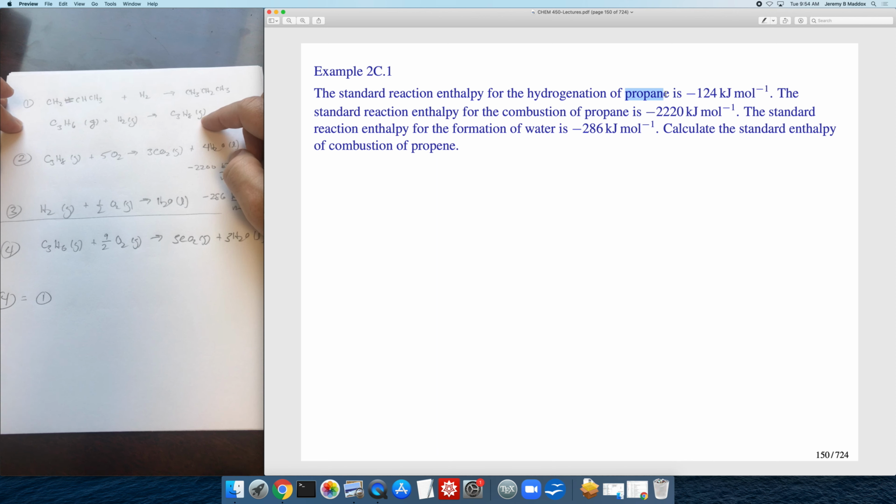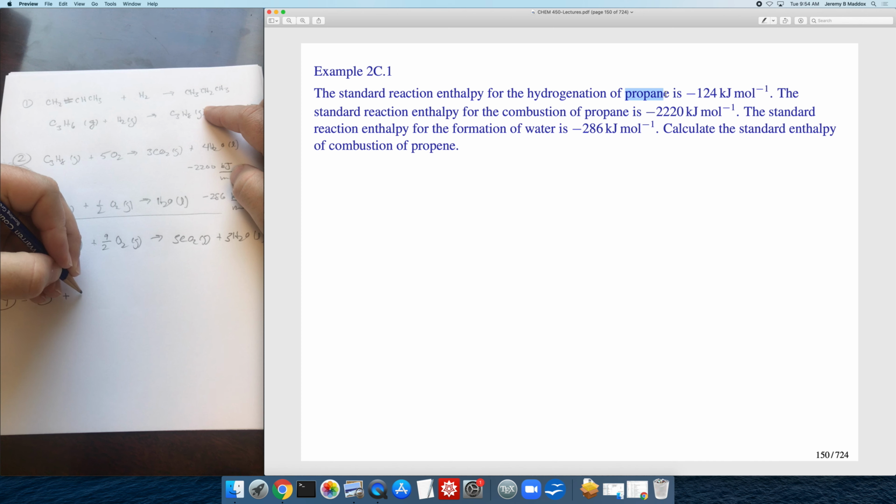Well, you don't want propane in your products at all because this reaction doesn't contain any propane. So you've got to get rid of that propane in the products. The only way to do that is to add in reaction 2. Right? Because adding in reaction 1 puts propane in the products. Adding in reaction 2 will take the propane out because the propane's in the reactants. So you have to add reactions 1 and 2 together.